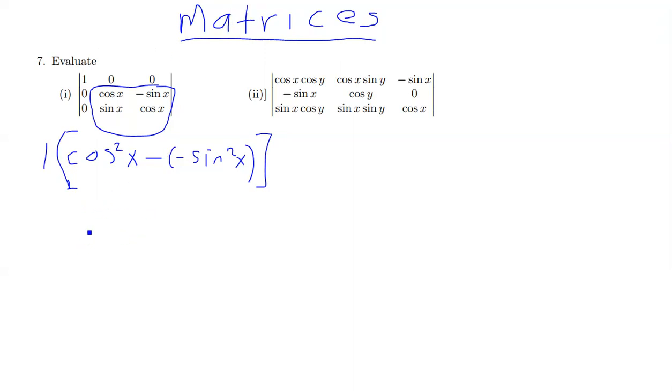So you are going to have cos squared x, negative times negative, you'll get your plus sine squared x there. So we all know that sine squared x plus cos squared x is equal to 1. So this is your determinant. We can move on to the next question here.